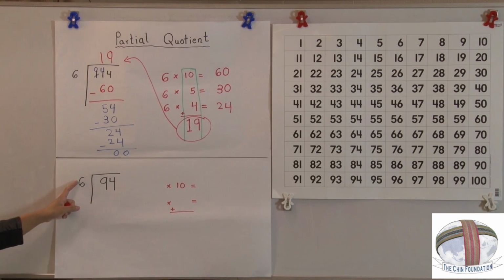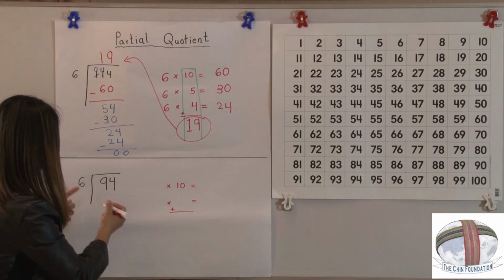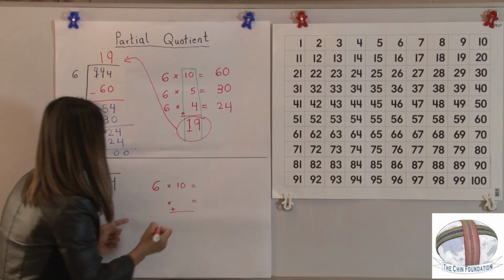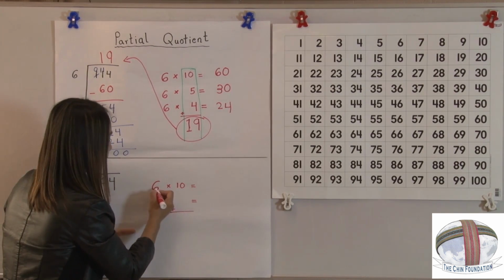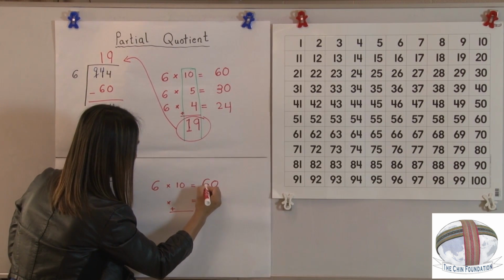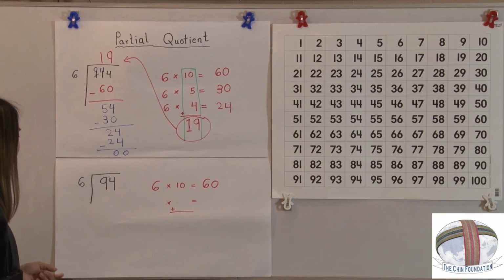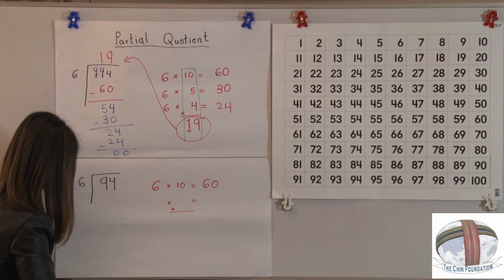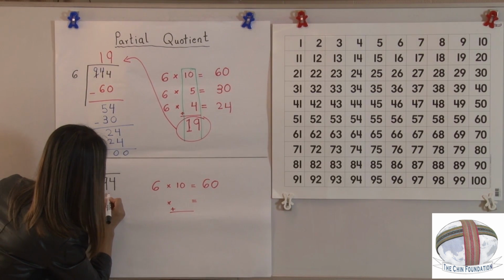Okay, 6 times 10. 6 times 10 is 6 times 0 is 0, 6 times 1 is 6. That means 60. Okay. So we need to put this number over here. 60.